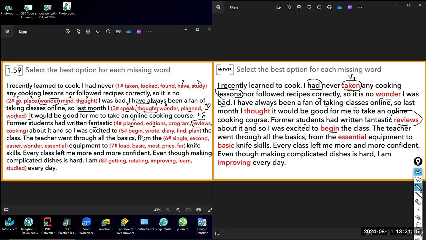As I told you before, guys, absolutely after to, I have to use verb zero. And wrote is simple past, it's not wrote. And diary is a noun, so it's not diary. So we have begin, we have find, and we have a plan. I'm not planning any classes, because now after checking the reviews of these students, I want to start my class.